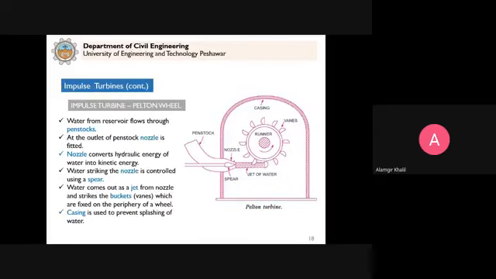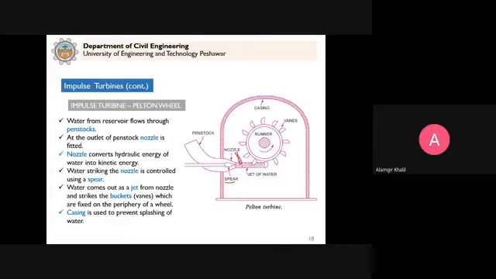Now in this case, as I said, this needle that we provide to control the quantity of water supplied to the turbine to control the speed is not the only arrangement. There can be other possible arrangements. If we do not have this spear, we can provide a jet deflector that will come here.